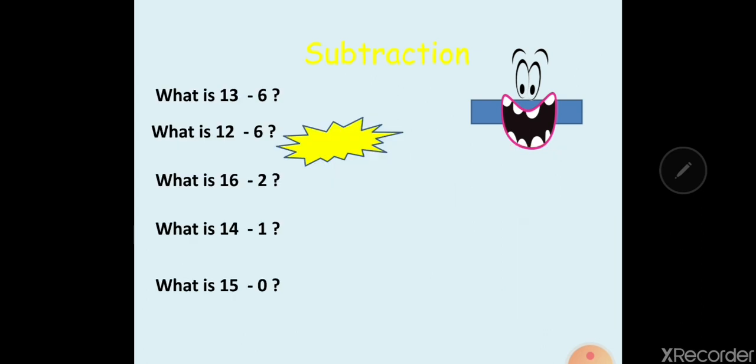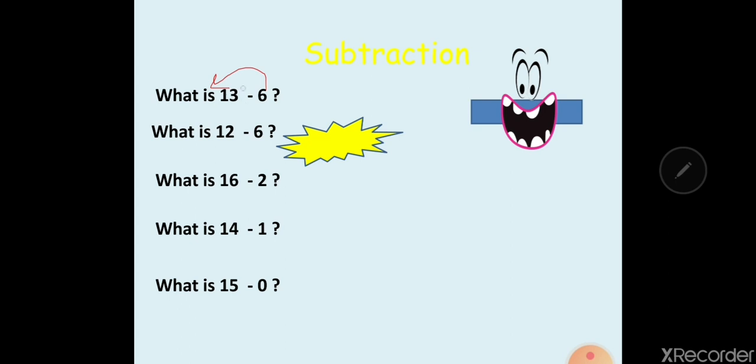Let's see some examples here. If I say 13 minus 6, think about it. Is it doubles? No. Can I count back? Yes, but it's not 1 step, 2 steps, 3 steps. I can count from the small number to the big number. I have here 13, that means it's 10 and 3.